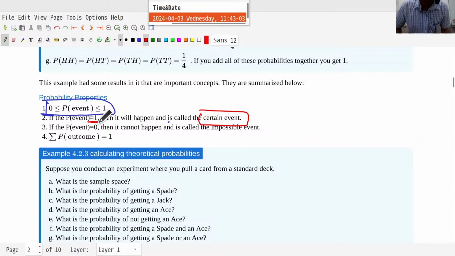Then the second one: if the probability is 0, then it could not happen. It's called an impossible event. One thing is very close to an impossible event. Tonight, I will go to a lottery store and buy a lottery ticket.